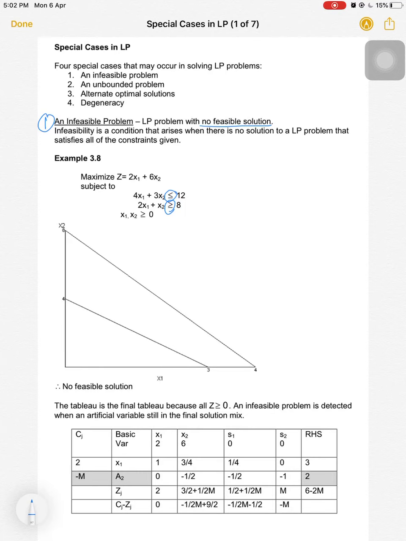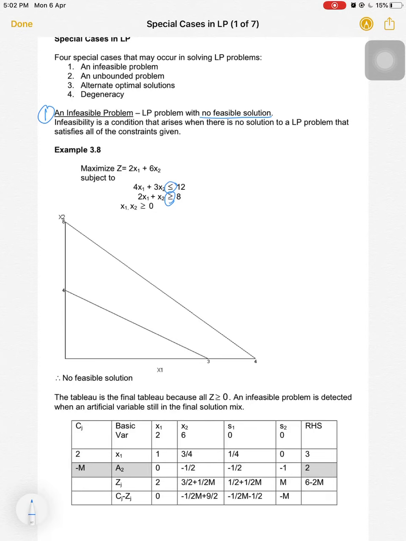Okay, so after we plot all the constraints on the graph, we have to find the feasible region. Based on constraint number 1, as you can see, we have less than sign. That means the region should be here.